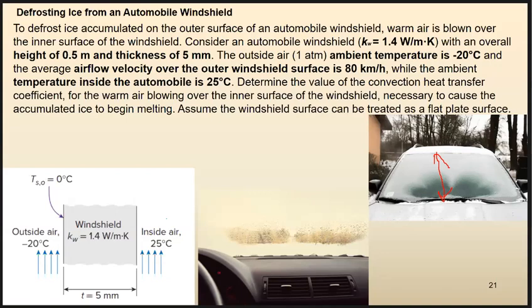The outside air, at 1 atmosphere, has a temperature of minus 20 degrees Celsius, and the average airflow velocity over the outer windshield surface is 80 kilometers per hour. So we assume that the flow of air over the surface is in this direction, as an approximation.